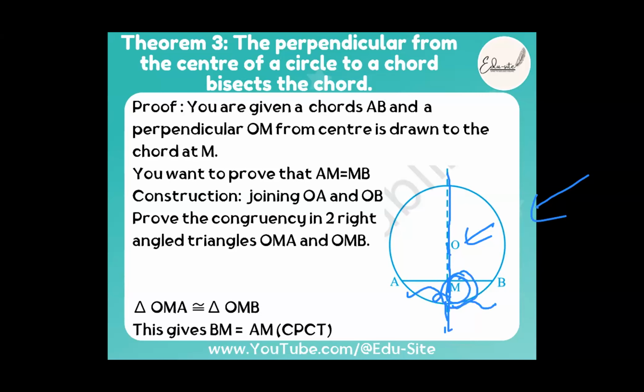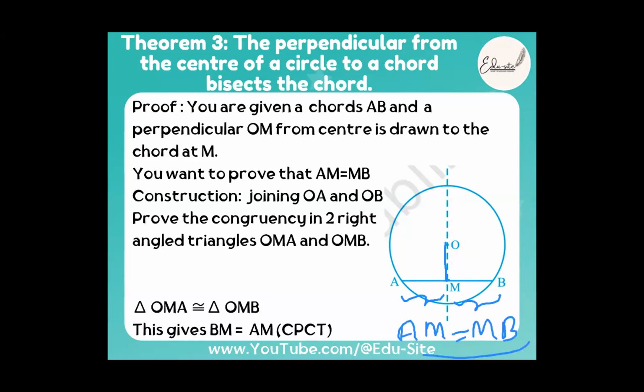Now we are going to prove that AM is equal to MB. What we are going to prove is that this perpendicular bisects AB. Bisect means it divides AB into two, AM and MB, which are equal to each other. This is to prove.